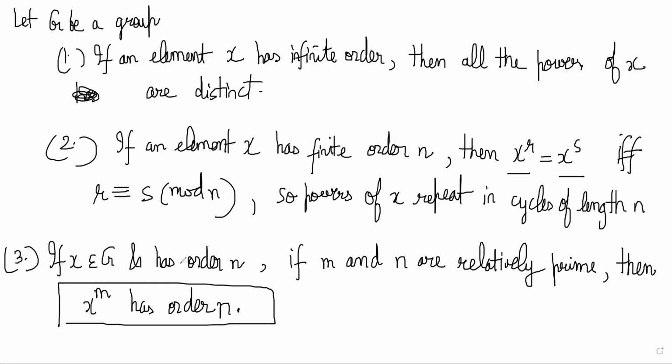So the element x has order n, and you take any other integer m that is relatively prime to n, then x power m will also have order n, right?